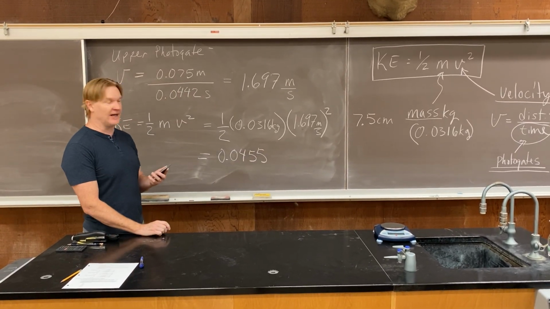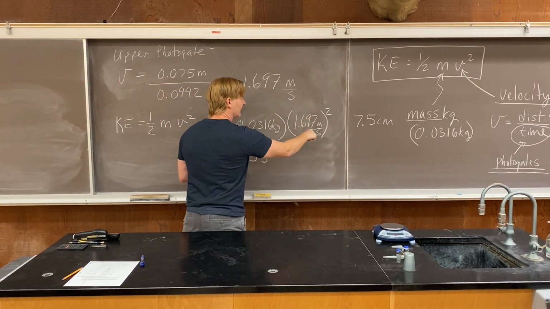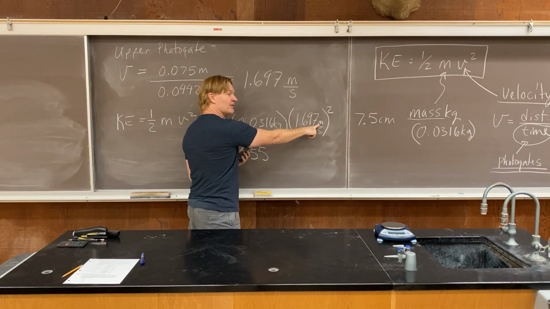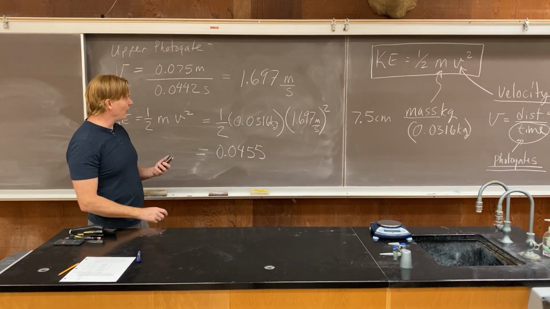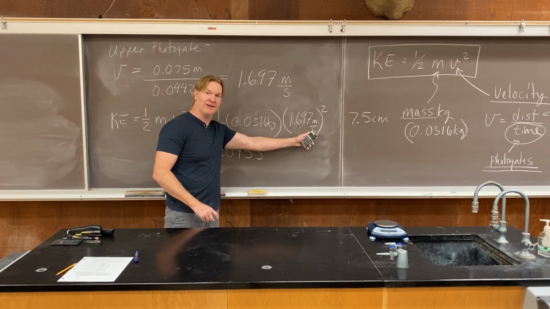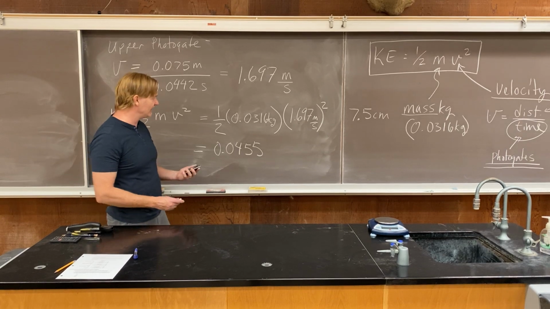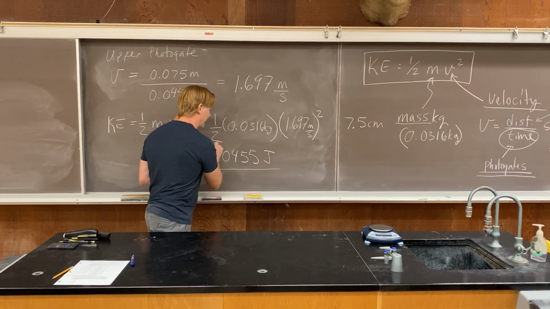Ooh, the units again. Kilograms. And when I square this meters is going to become meters squared. That second is going to become seconds squared. So I have a kilogram meter squared per second squared, which you guessed is a joule. So we're just going to put the capital J there for that first one.